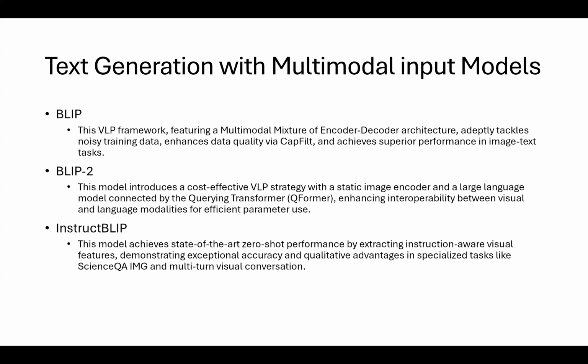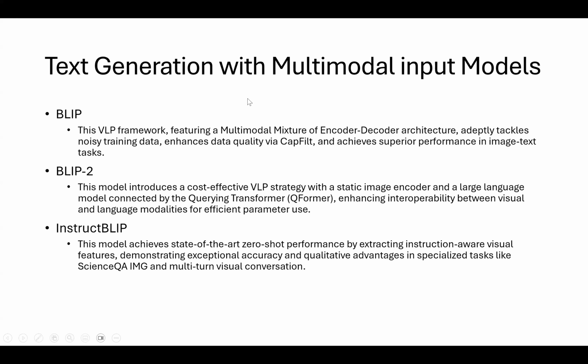Then you have BLIP. BLIP uses the VLP framework, so that is a vision language pre-training framework featuring a multimodal mixture of encoder and decoder architectures. So for each data type, you have separate encoders and decoders, and it tackles noisy training data, enhances data quality, and achieves superior performance in image text tasks.